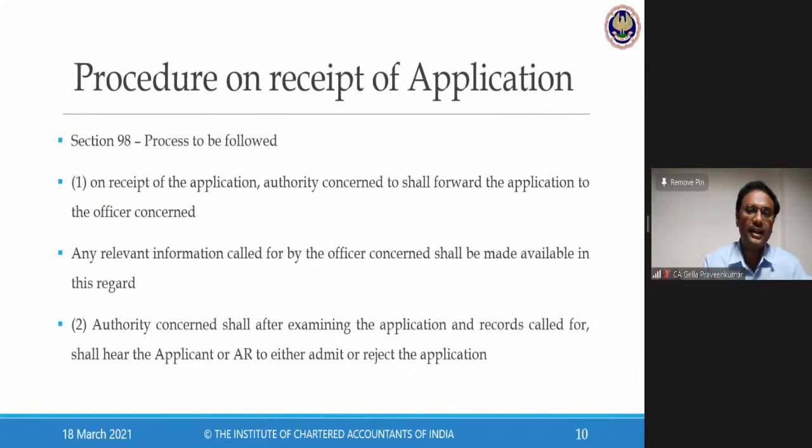And this authority will call for some information from this concerned officer. When they look into the application, they'll say, okay, your application raises these questions, but to answer this question, I need a copy of your contract. For example, I was talking about floating a tender.